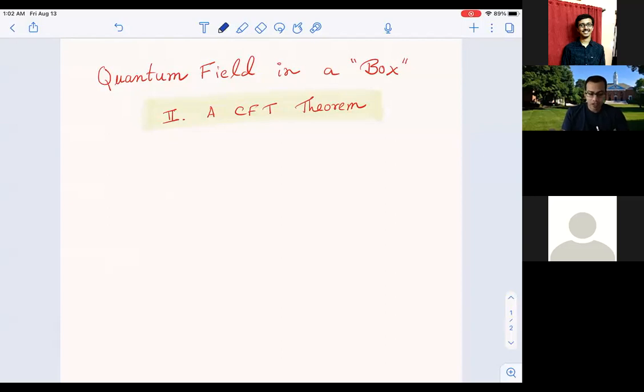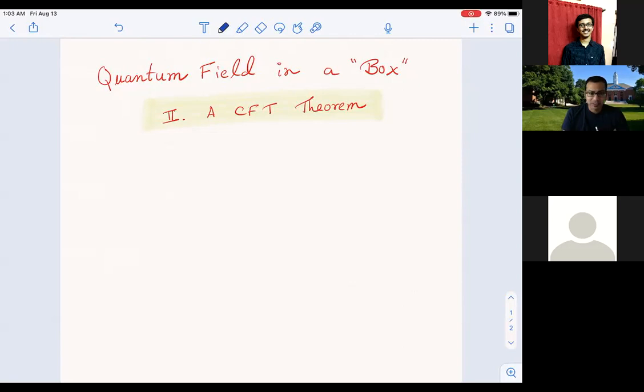So today I'm going to discuss a very specific CFT theorem. This CFT theorem is going to be particularly useful for CFTs that are dual to effective field theories in AdS. But actually, the techniques that were used to derive this theorem can have general applications.